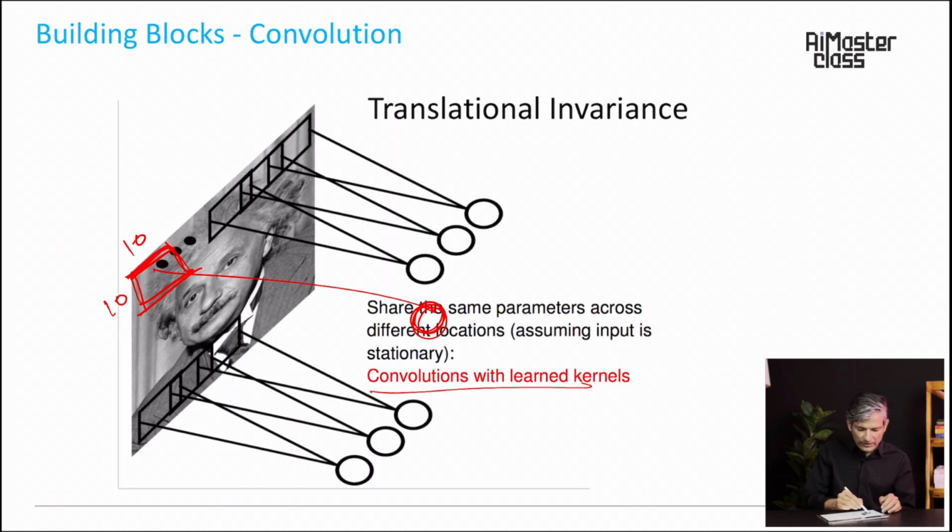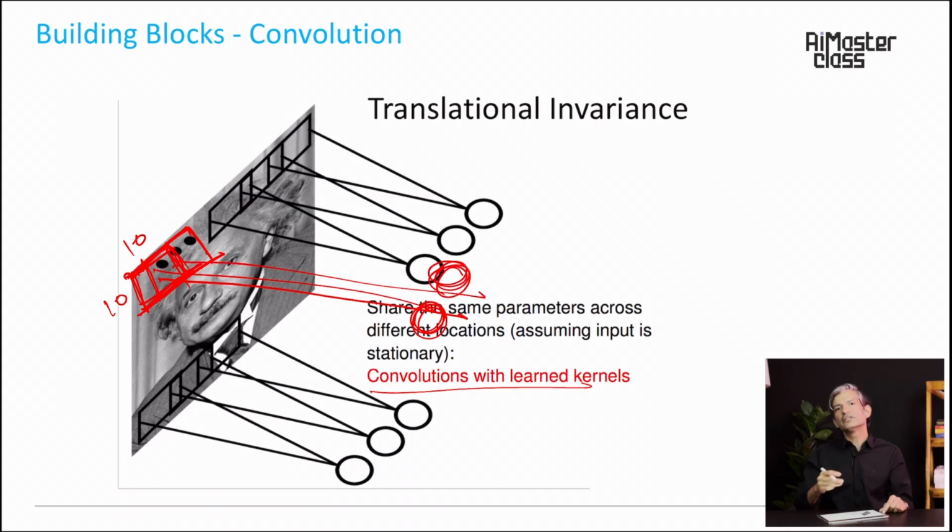This 10 cross 10 will give rise to one activation, one output, one feature, one embedding. This 10 cross 10 is called a kernel, and then we move it a little bit, and when we move it, we get another output, which is another output neuron. And we keep doing this.